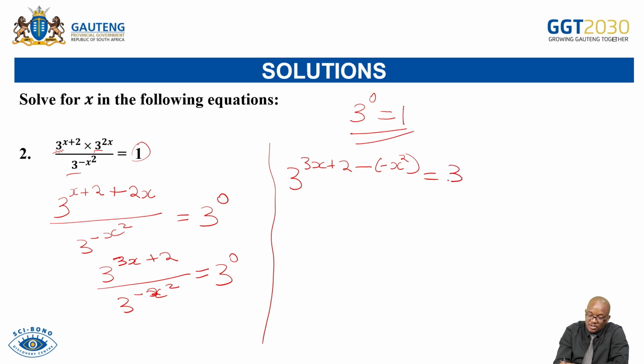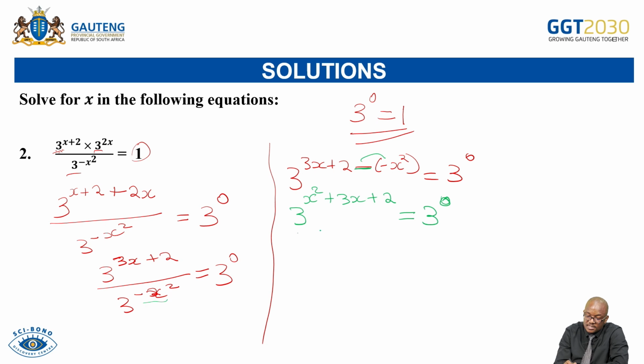Now, why do I put the negative here? This negative is for division of the same base, and the negative you see there is the negative of the exponent. When we multiply, we're going to have x squared, and we can write it in standard form, which is x squared plus 3x plus 2 is equal to 3 to the exponent of 0.